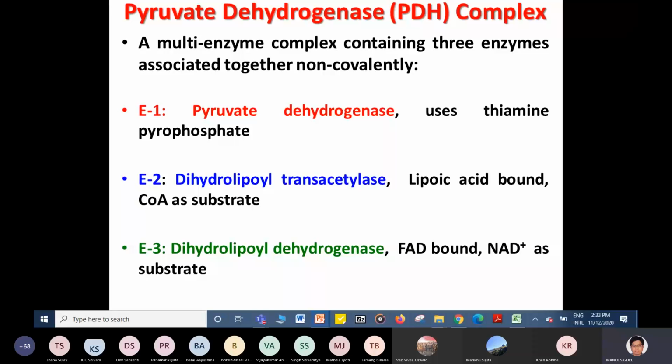That means there are 5 coenzymes: thiamine pyrophosphate, lipoic acid, coenzyme A, FAD and NAD. So the pyruvate dehydrogenase complex is a multifunctional enzyme with 3 different enzyme activities and 5 different coenzymes or cofactors.